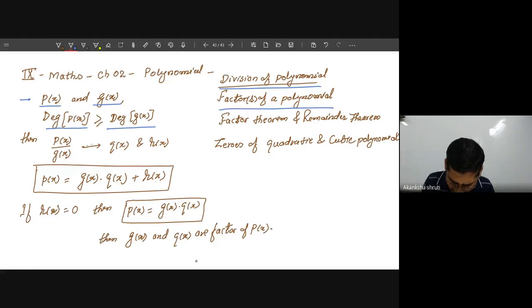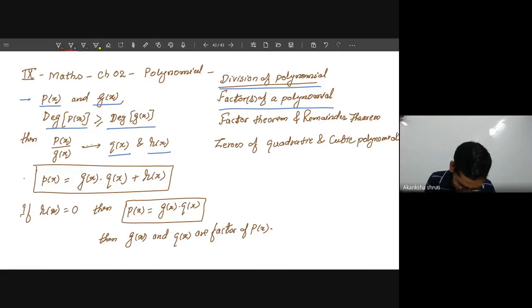Let that quotient be qx and remainder be rx. Then there is a relation between these px, gx, qx and rx. That relation is nothing but division algorithm. What is that? That is dividend is equal to divisor multiplied by quotient plus remainder.